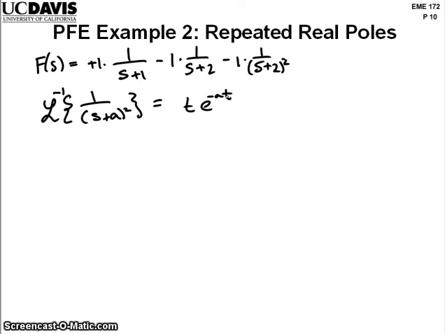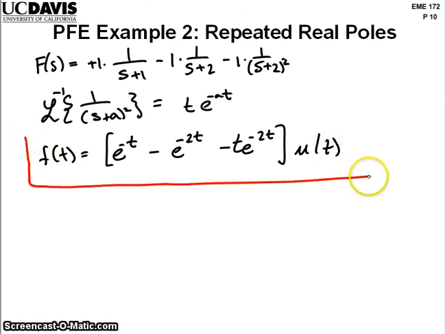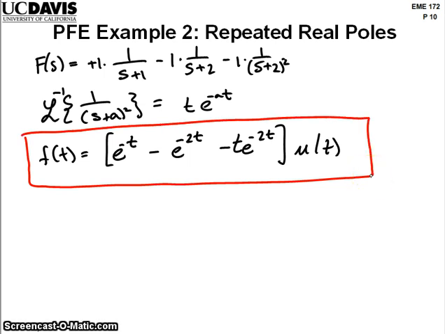Knowing that, f of t is equal to 1 times e to the minus t, minus 1 times e to the minus 2t, minus 1 times t e to the minus 2t. To be careful, we write the whole thing multiplied by the unit step, to make sure this is a causal function. Okay, so that's case 2.